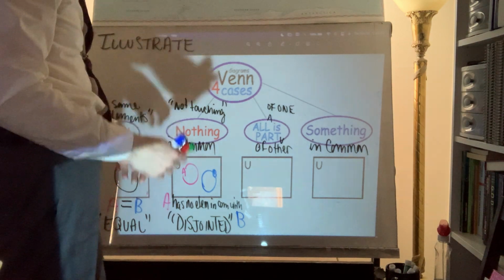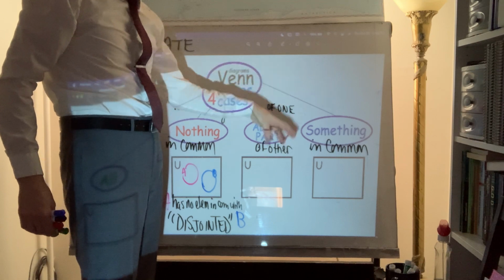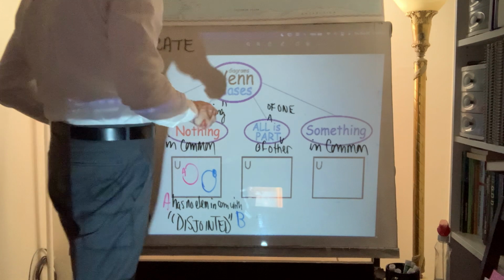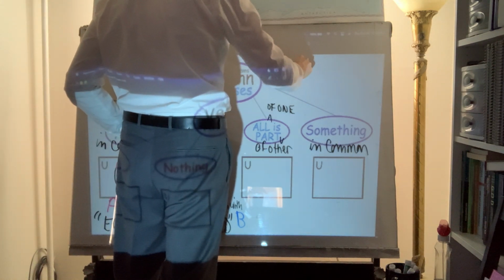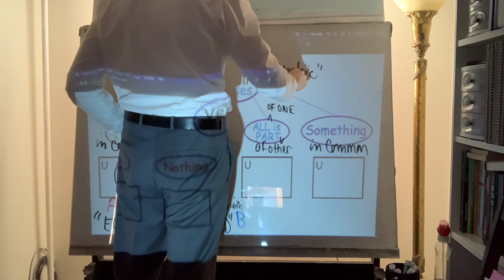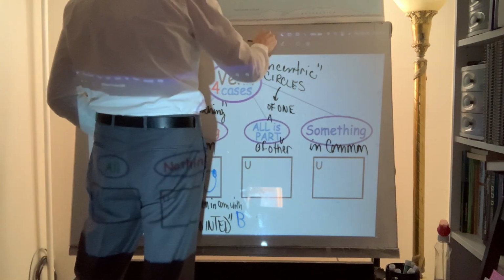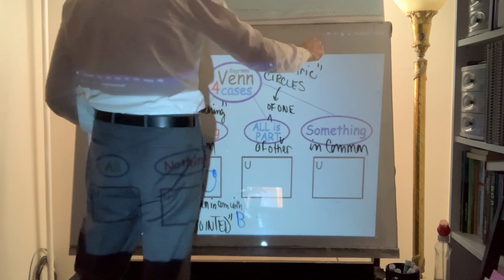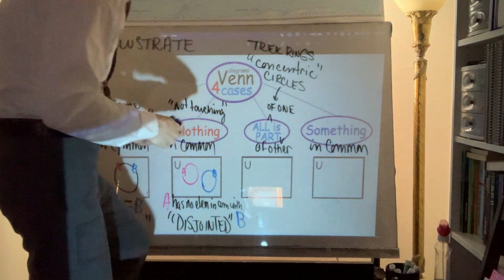Now there is a situation where all of one is part of the other, right? And when that happens, you have concentric circles, like tree rings. One inside the other. So you might see something like this.